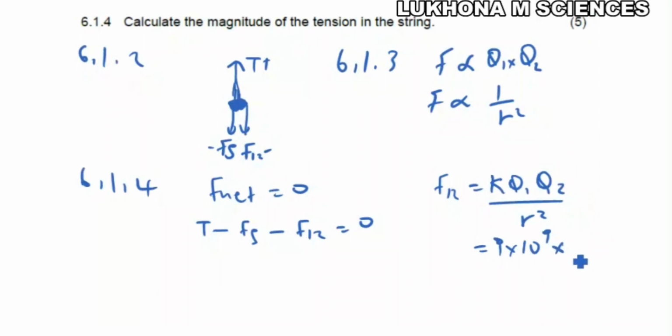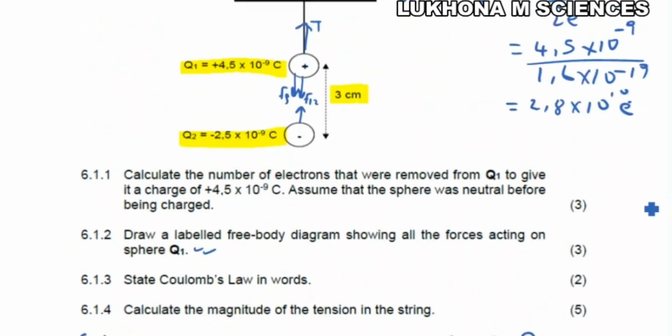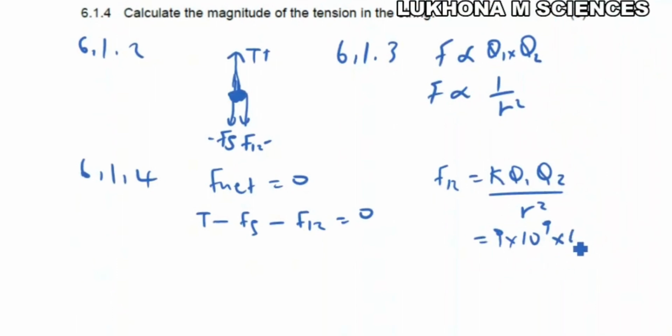We'll find Q1 above in the statement. Q1 is 4.5 times 10 to the power negative 9, and this one is 2.5. So Q1 is 4.5 times 10 to the power negative 9, then Q2 is 2.5 times 10 to the power negative 9 also. Then divide by the distance between them squared. Let's go to the statement.